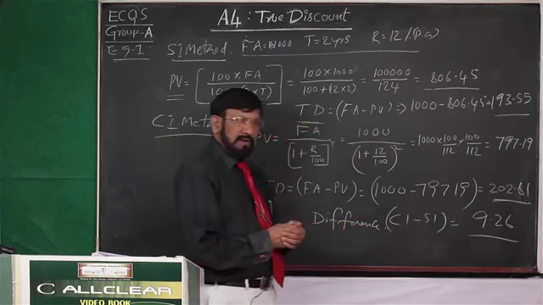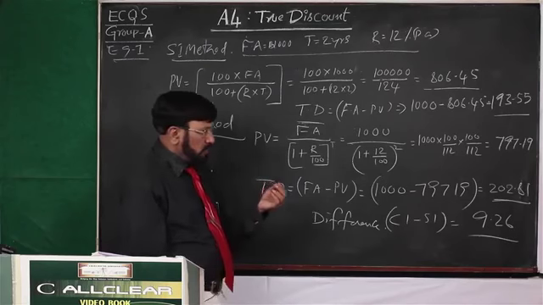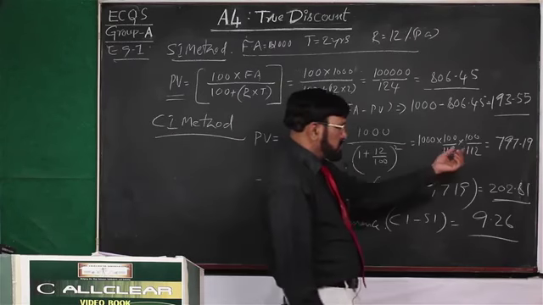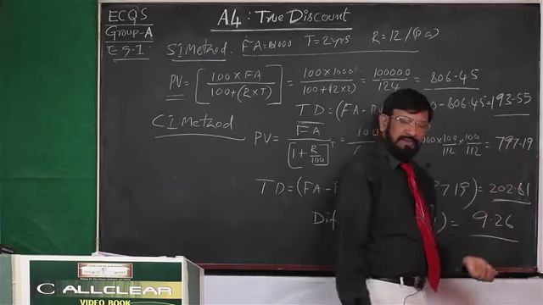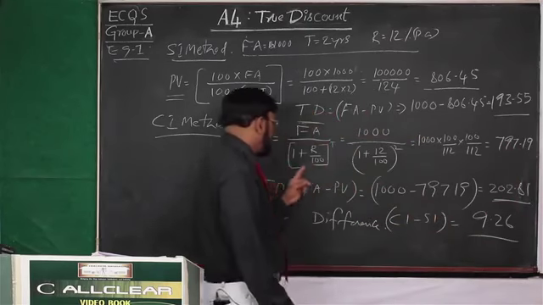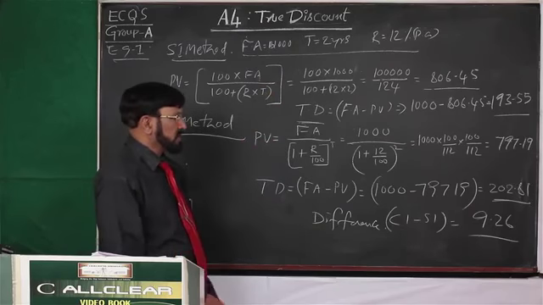The present value of 1000 rupees is 797 rupees 19 paise today, if it is calculated on a compound interest basis at 12% interest.